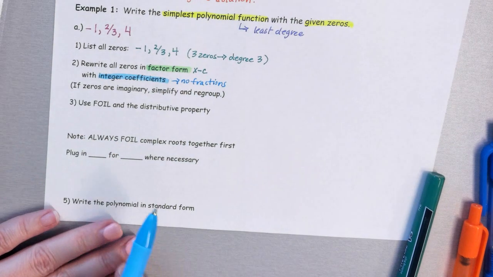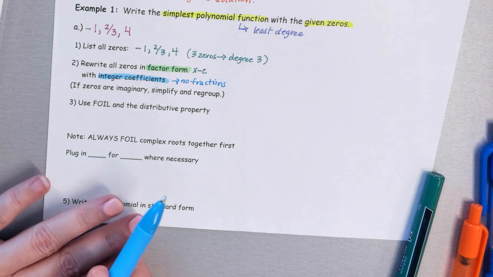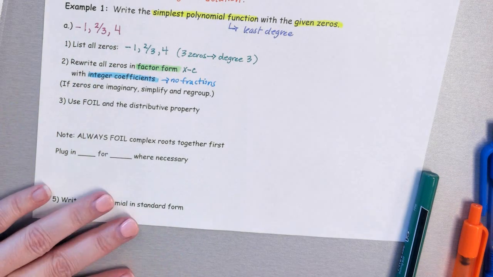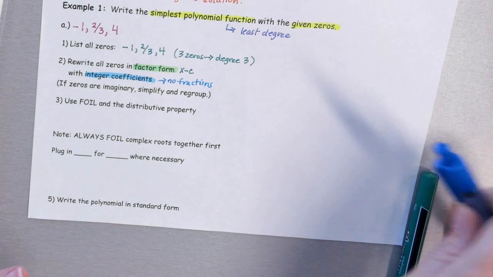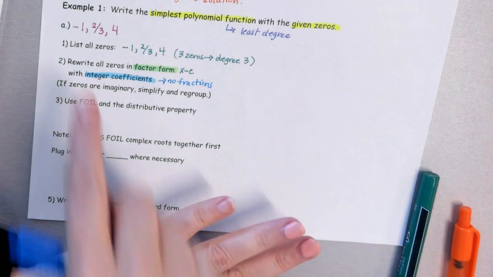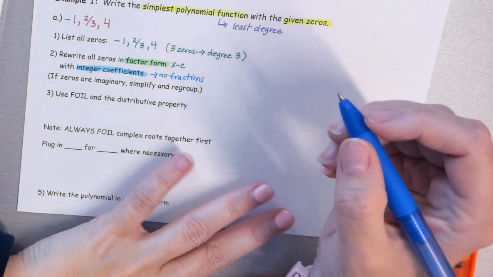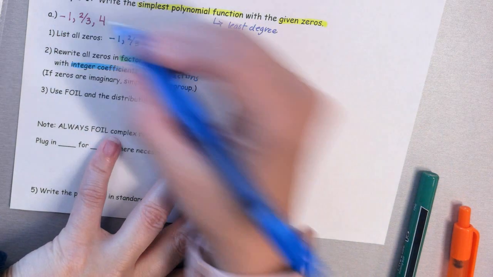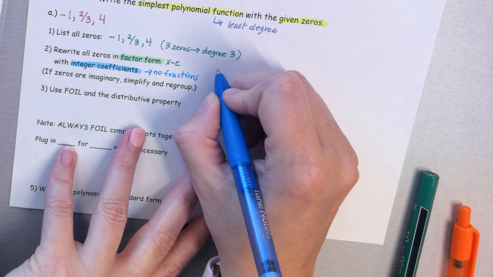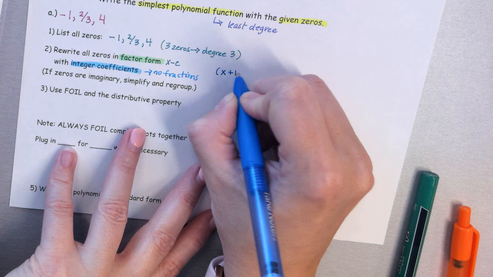Okay, so when you're rewriting them in factored form, -1 and 4, that's going to be fine. If you were to write these out, -1, what would that be in factored form? Okay, x plus 1.